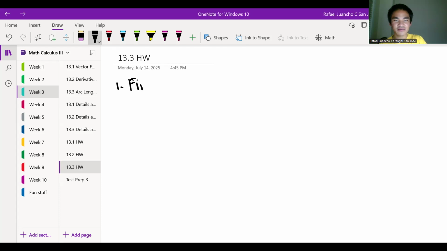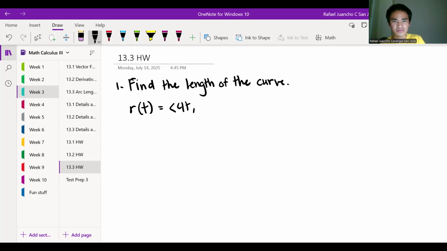The first question is I want to find the length of the curve. So let's quickly do that. We have r of t, equal to these components, 1 over 6 t cubed, and those are our conditions.